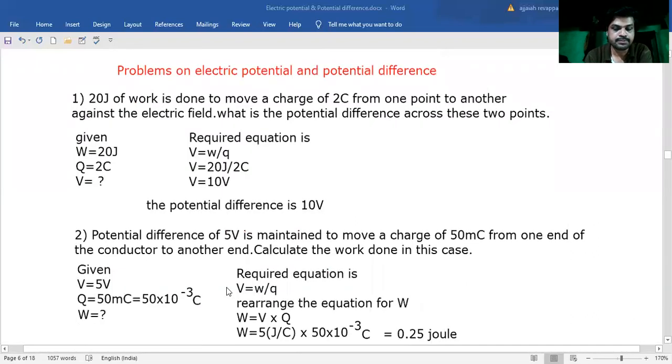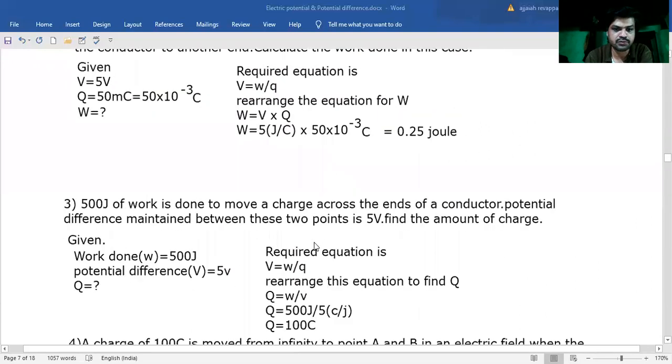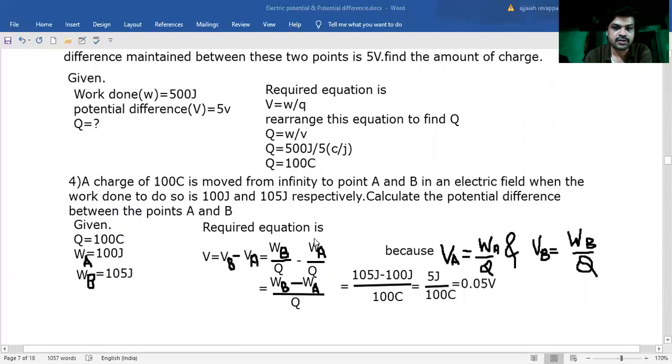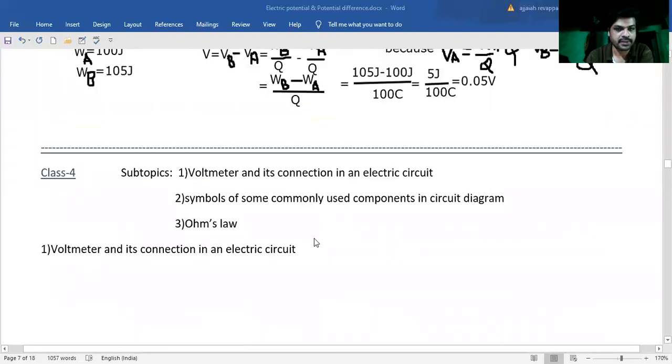Then we solved many different types of numericals and we worked out a worksheet also, and most of you have sent it also. This is what we have learned in the previous week. It's a fast recall. Then today's topics.